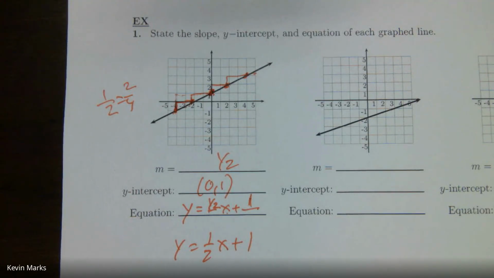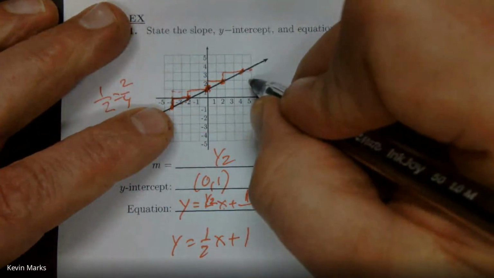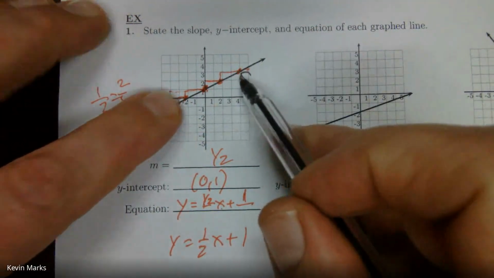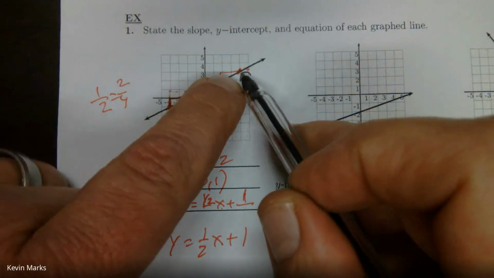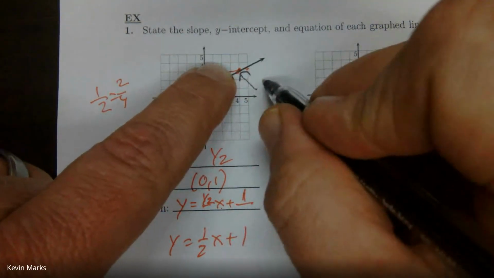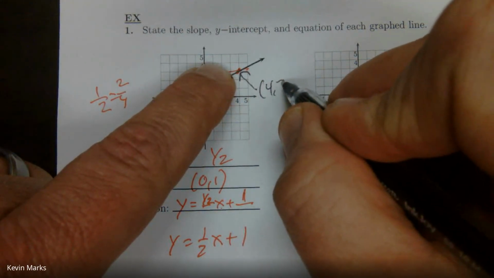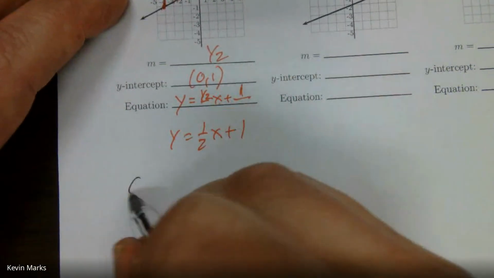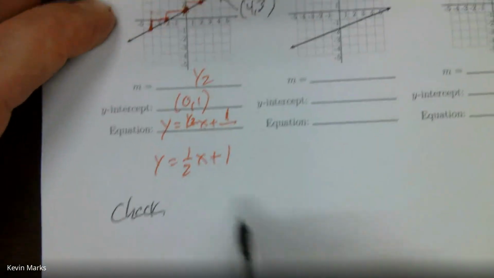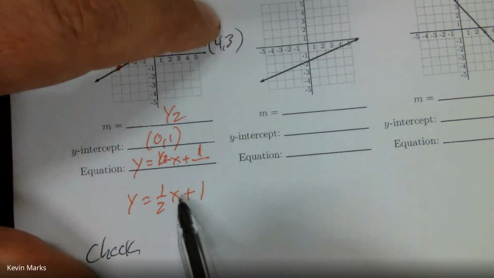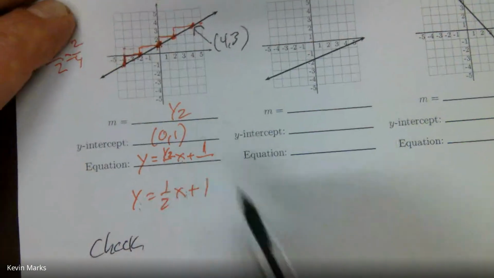And there you go. You certainly don't have to, but check this out. One thing you could do as a check, right? Look at this point right here. See when x is 4, you're up here at height 3? So this is the point (4, 3). So as a check, if this worked, when x is 4, y better be 3, right?